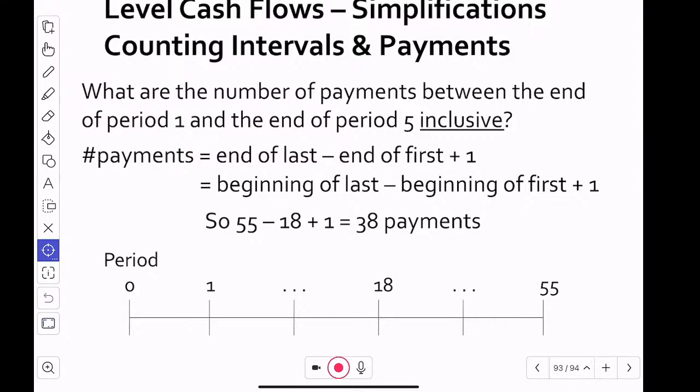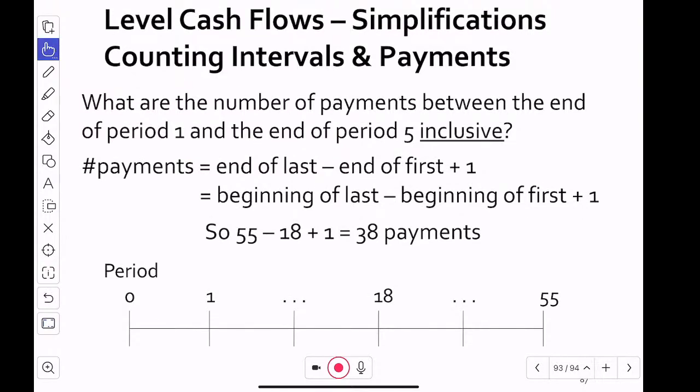Okay, so those are the two different types of questions you'd be asked when you have a timeline that you can't visualize completely, but you need to know how many periods in between two place marks there are, or how many payments.